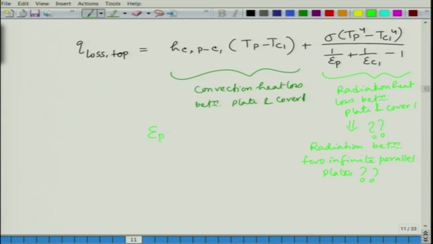Your epsilon_p is the emissivity of the plate and epsilon_c1 is the emissivity of the cover 1. Okay. And that Q loss top gives you the current through the top branch of the thermal circuit.